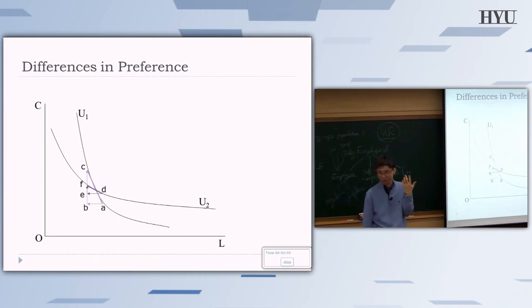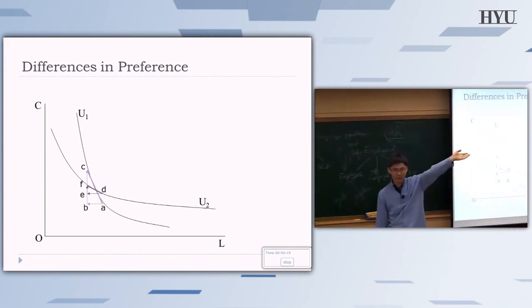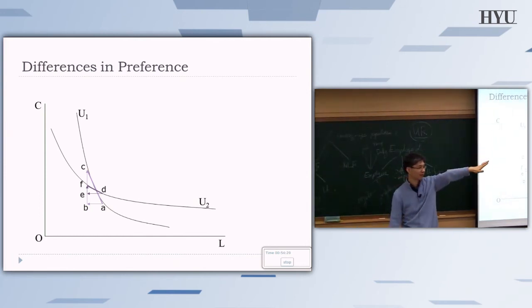Have some thought. If it's 1, raise your hand. Person 1 should be the person who likes leisure more. Nobody? Why is it person 1? Can anybody explain?